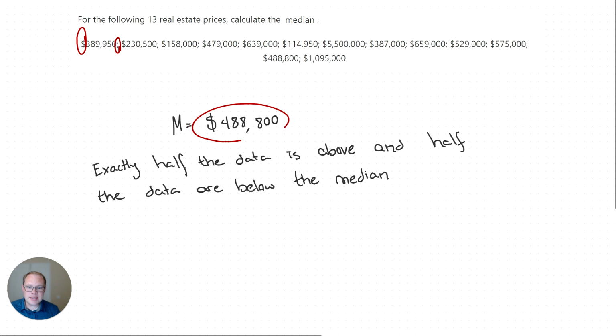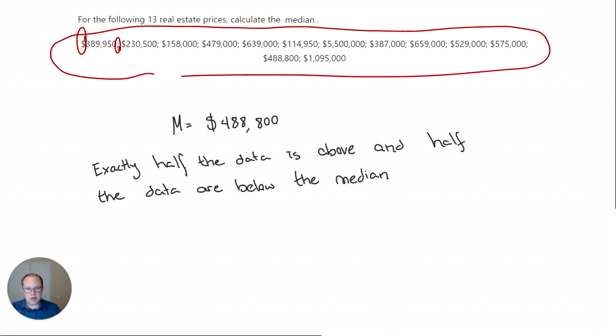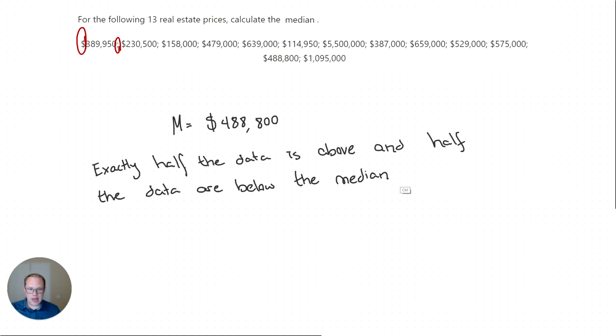We could see this number right here, 488,800, which means if we were to line up all these in a row, this one would lie right in the middle. We wouldn't have two in the middle, we would have just one number in the middle, and that's it.